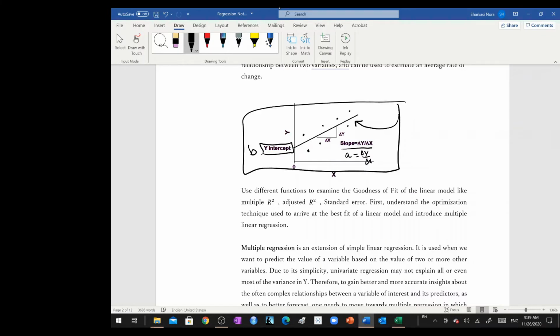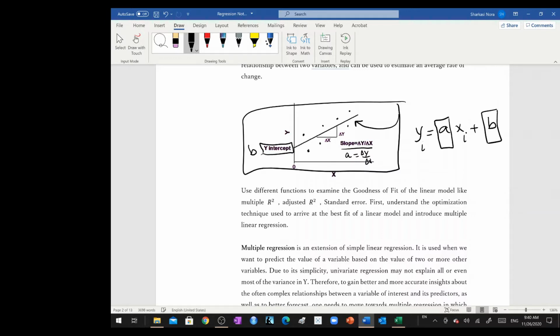Over here, we're talking about the parameters. For simple regression, y = ax + b. Of course, we have multiple points, so we have one slope and one intercept.